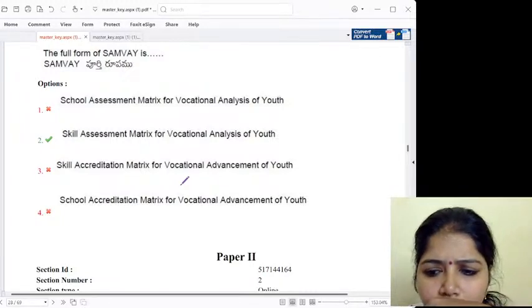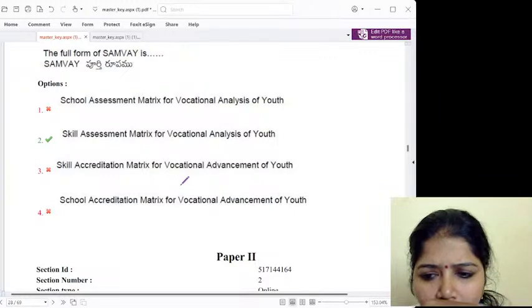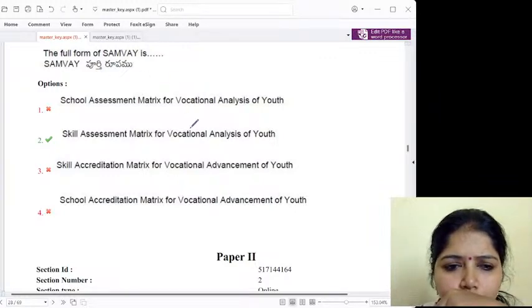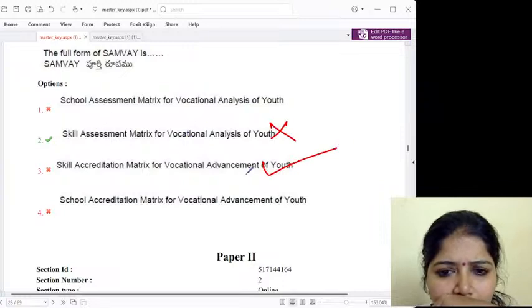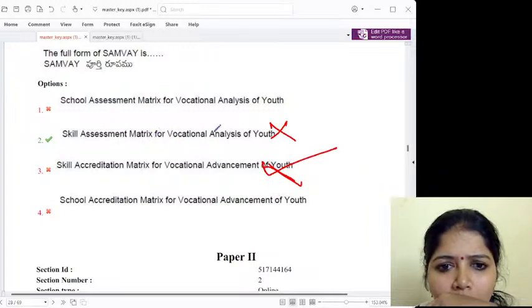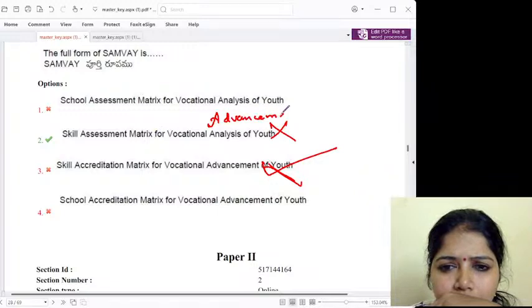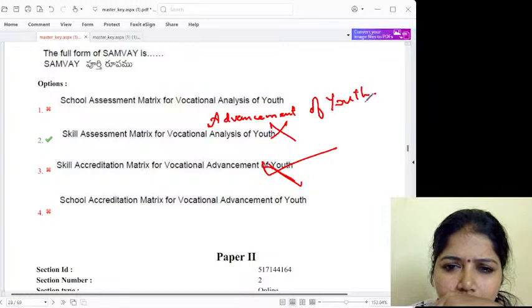Samvai is a scheme where skill assessment matrix for vocational advancement of youth. This is wrong. That too, wrong. It's also wrong. Skill assessment matrix for vocational advancement of youth, this is the right one.